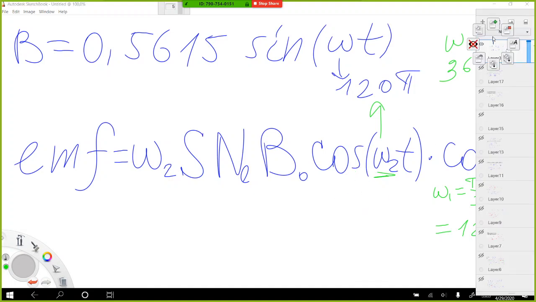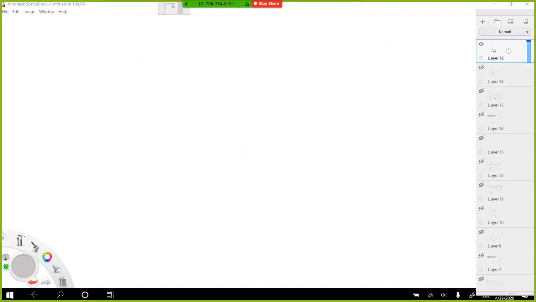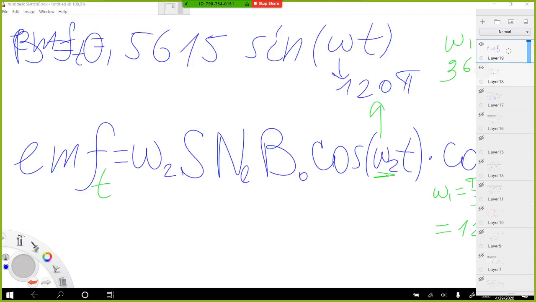Let's compute the EMF, electromotive force. Pay attention, this is due to the transformer action. Let me write here: electromotive force due to transformer action, we said, is equal to omega 2.